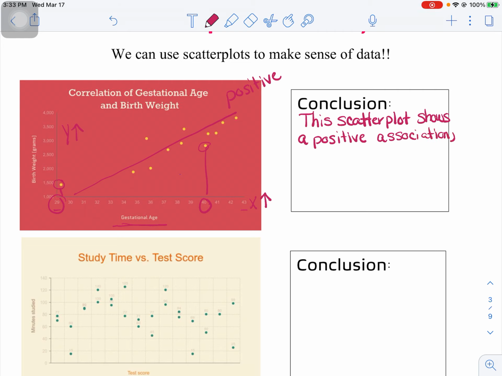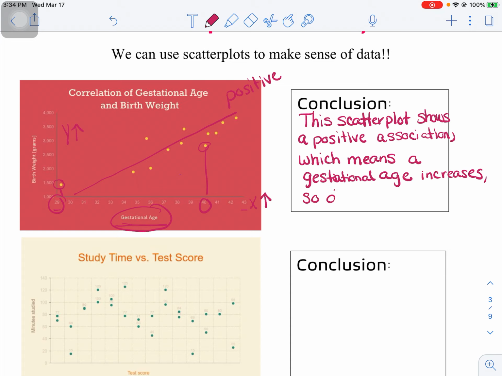And what it means is the next part, which means, and now we got to talk about the X and Y. So as gestational age, so we're talking about the X, as gestational age increases, so does birth weight.